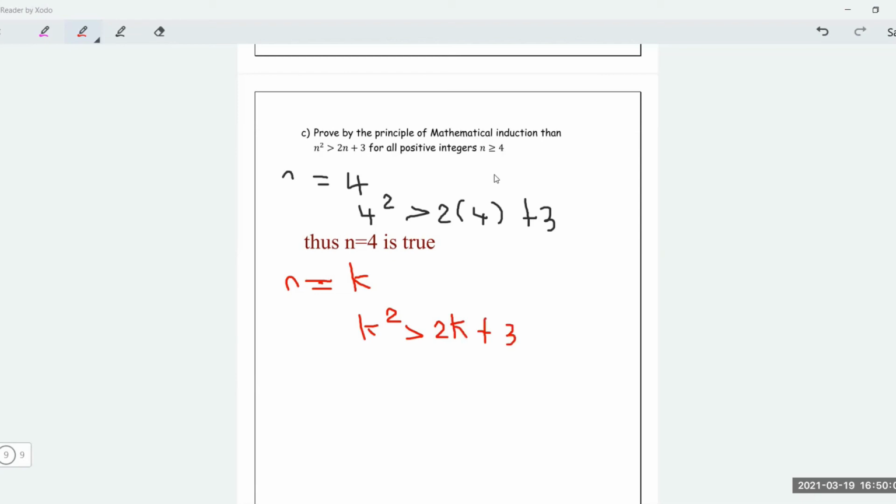Where, remember, you have to state that since n was greater than or equal to 4, k has to be bigger than or equal to 4.